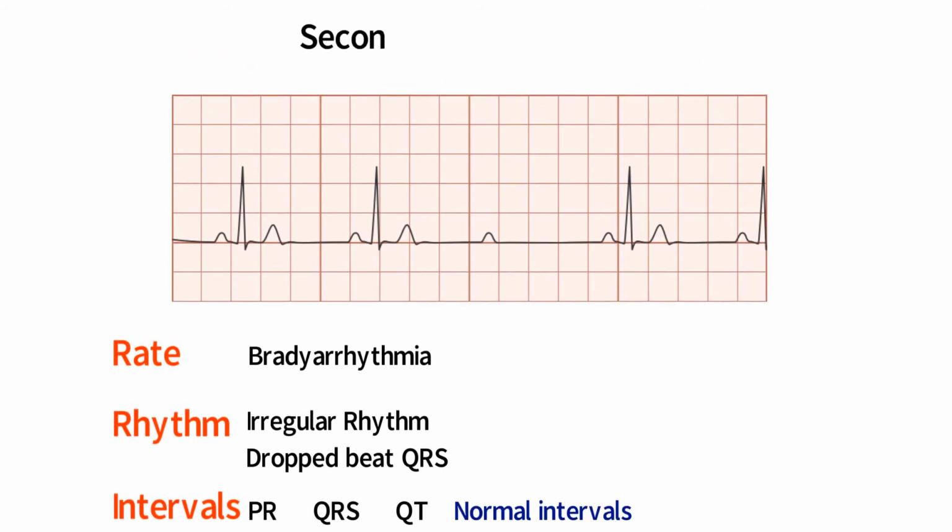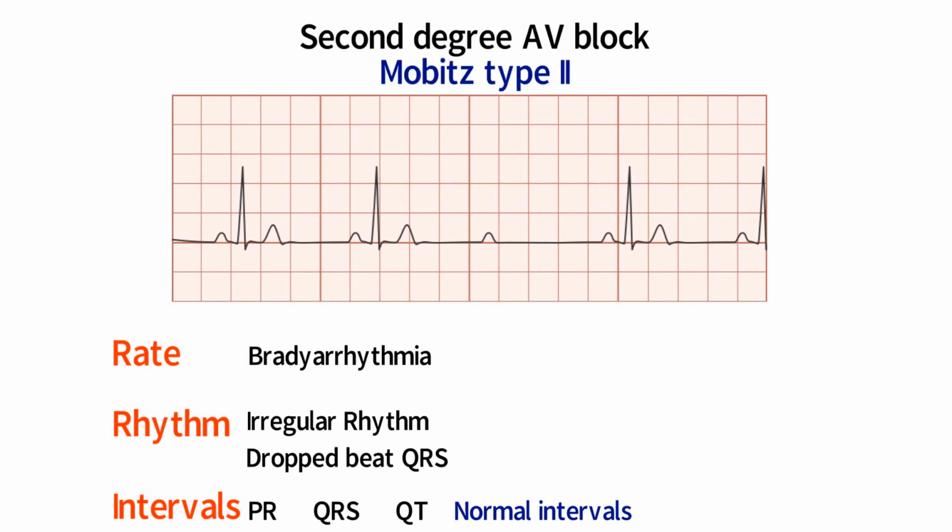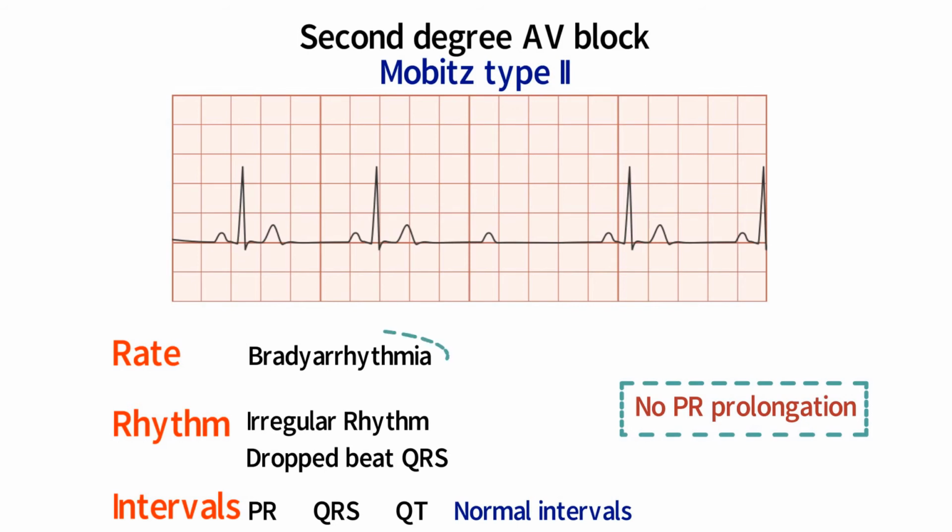This patient is having a second degree AV block type 2, which is also Mobitz 2. So in Mobitz 2, there is no PR prolongation. There is only bradyarrhythmia with dropped QRS beat.